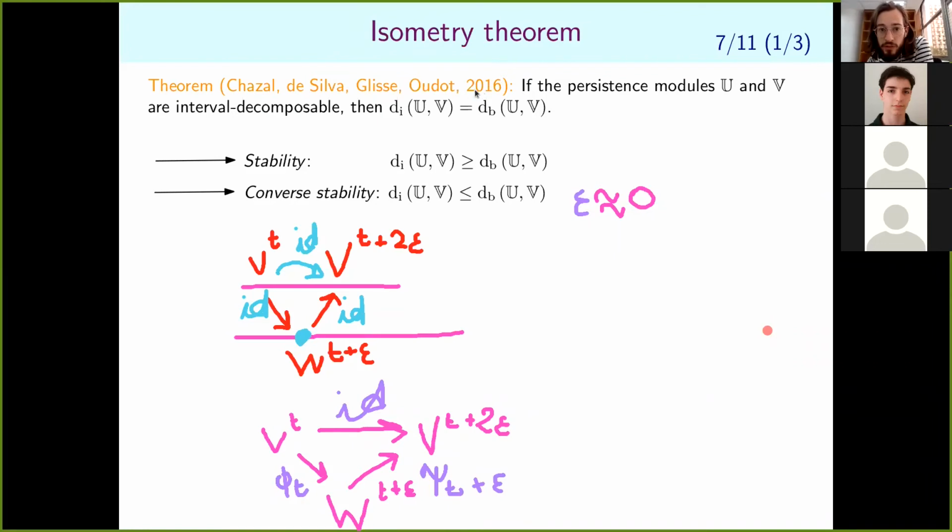Because if I had 0 here, the maps would be 0, and this composition would be 0, which is not the identity.